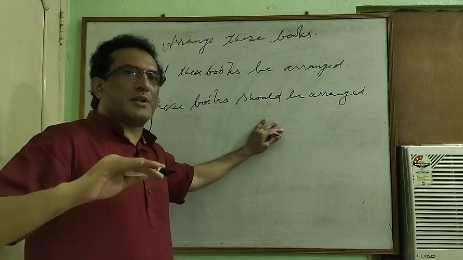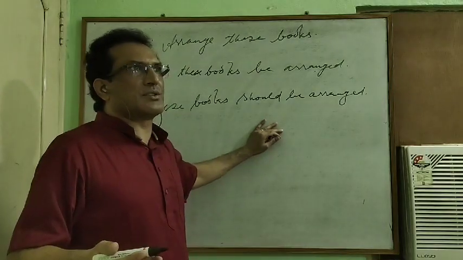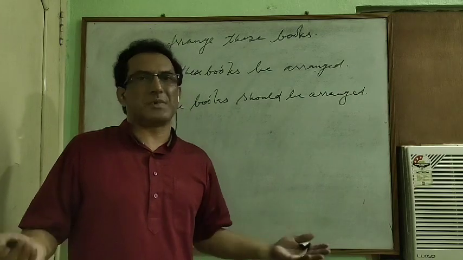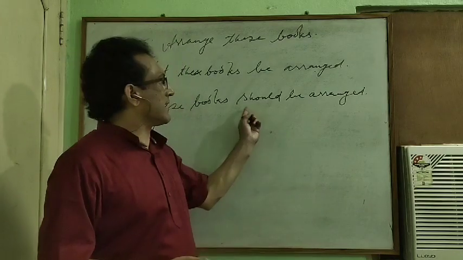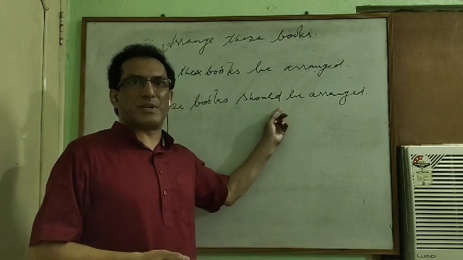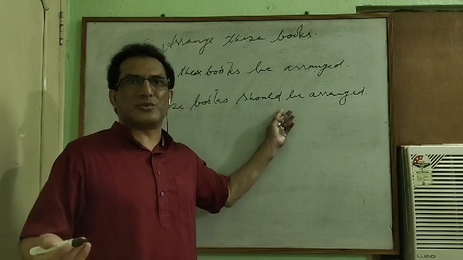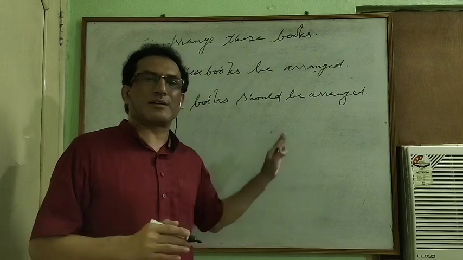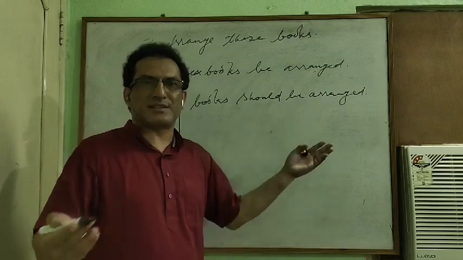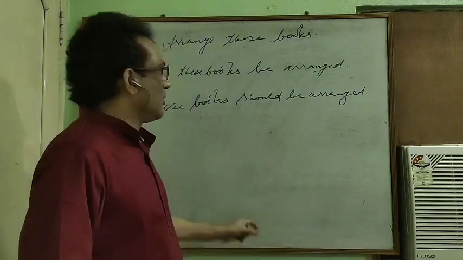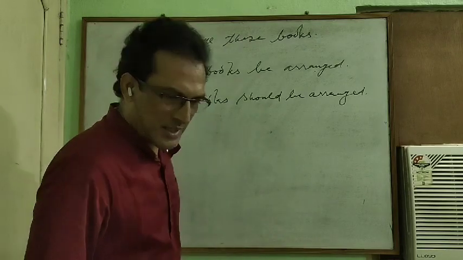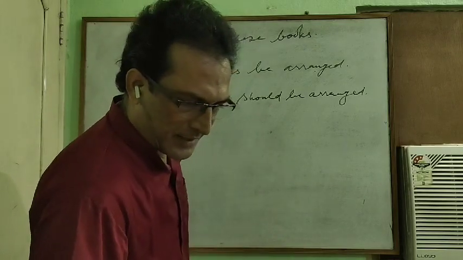See, very often students take it as a word showing compulsion like should, must, ought to, have to, etc. But should means should only. You can't replace it by using the word must or ought to or anything. Should means should.